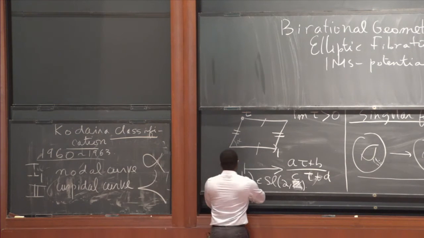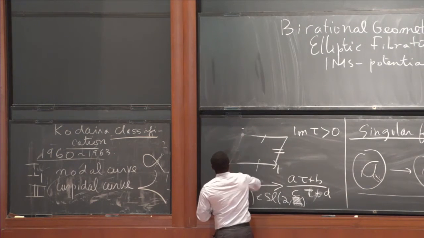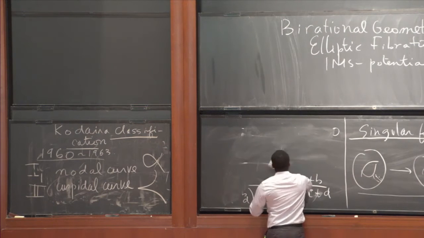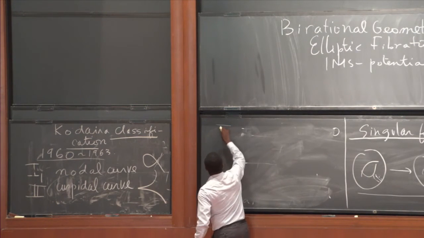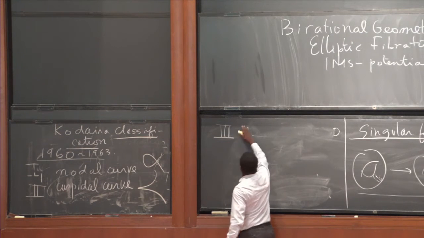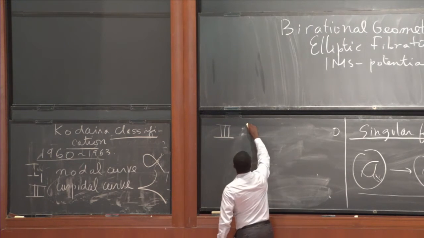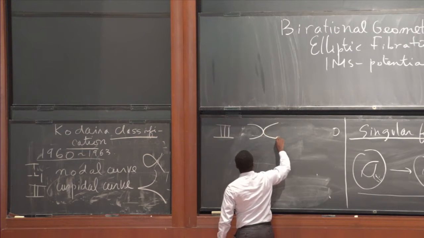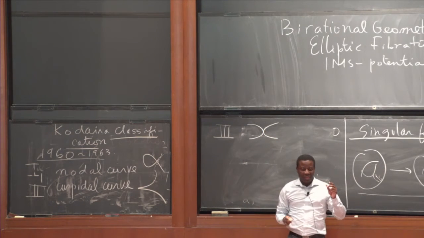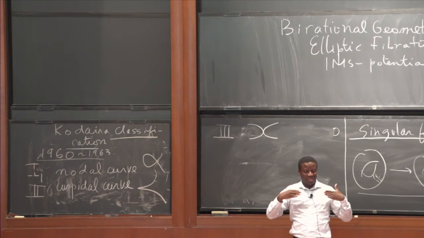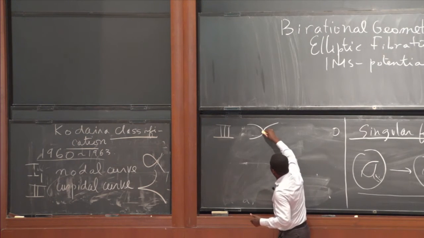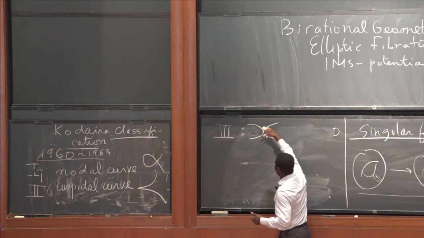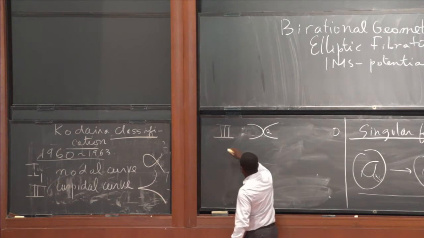Then there are other types. You have the fiber of type 3, which is just two curves that touch each other at a point of tangency. So they are tangent at the collision point, which has multiplicity 2.